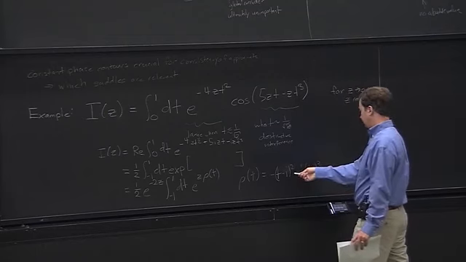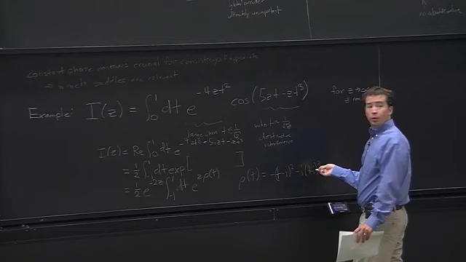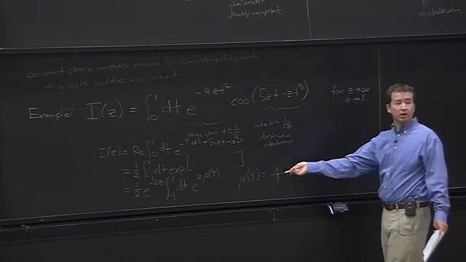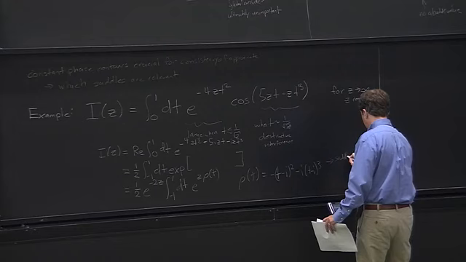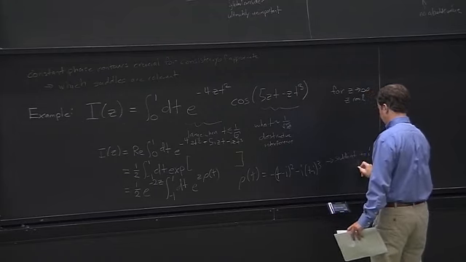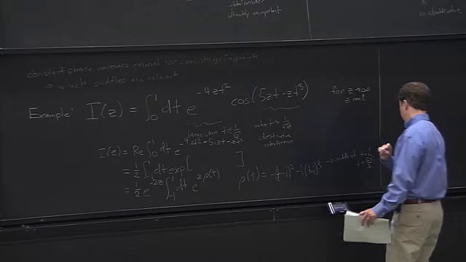So this is a degree 3 polynomial, so it should have 2 zeros, and one of them you can read off directly. It's just at i. This has a saddle at t equals i, and the other one you can find by computing the derivative, and it's at 5i over 3.